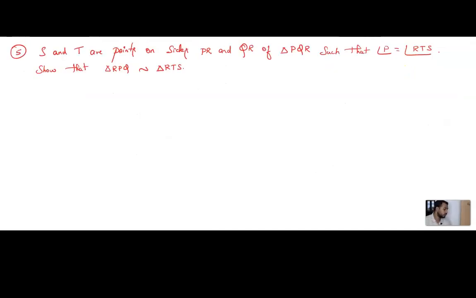See, children, the next problem given is that S and T are points on sides PR and QR of triangle PQR, such that angle P is equal to angle RTS. Show that triangle RPQ is similar to triangle RTS. Now let me draw the figure, triangle PQR.